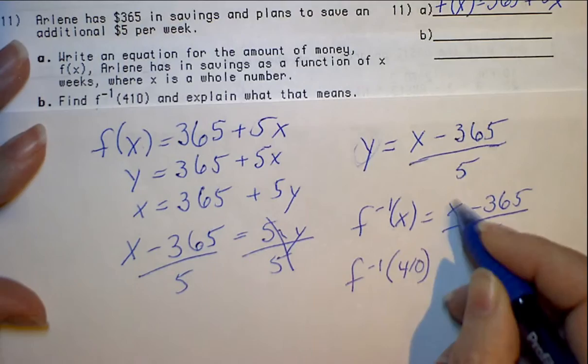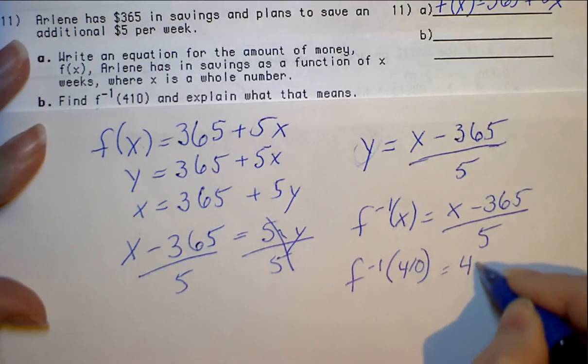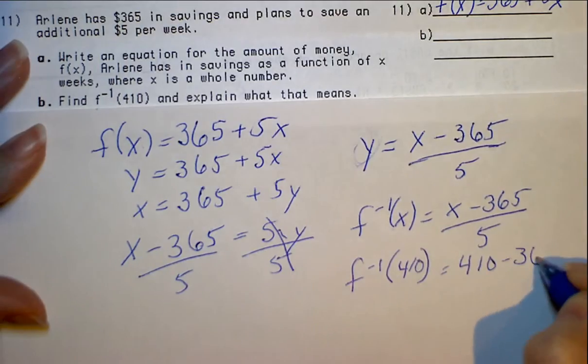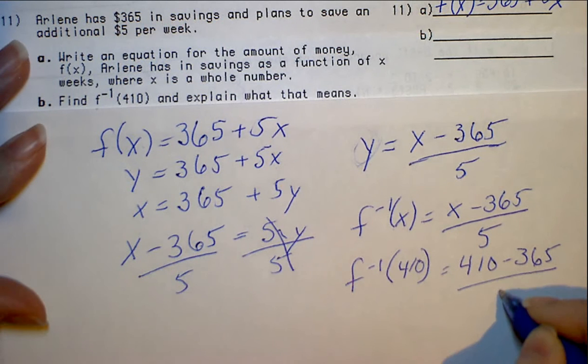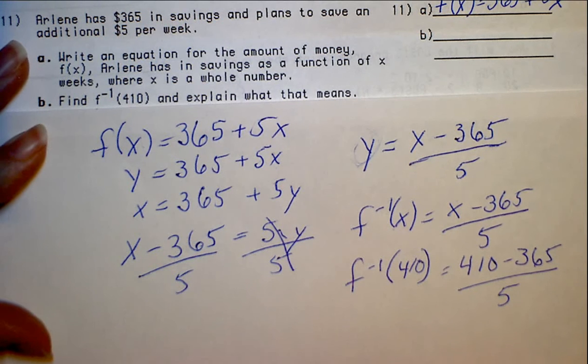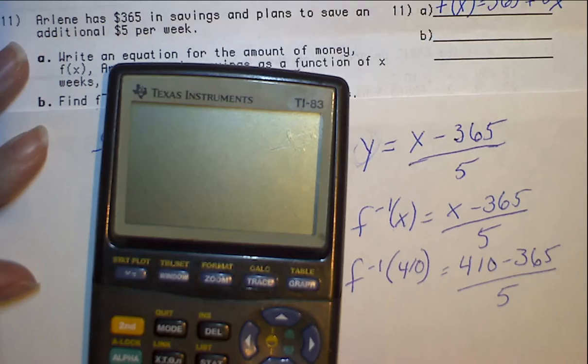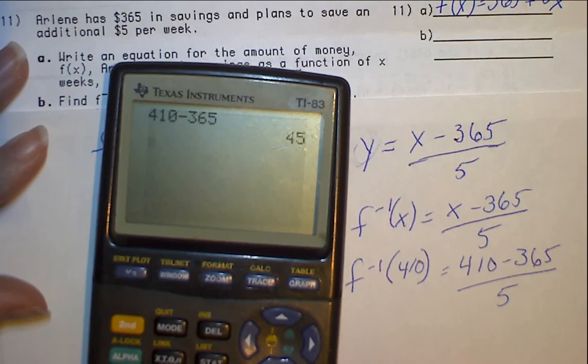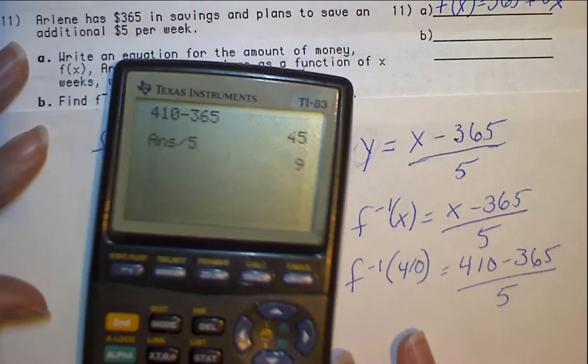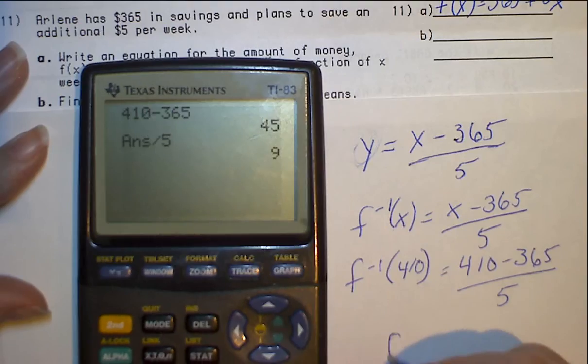So that means it's 410 minus 365, and we're going to divide that by 5. That gives me 9. So f inverse of 410 is equal to 9.